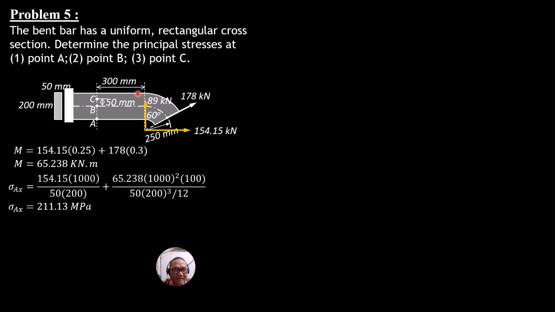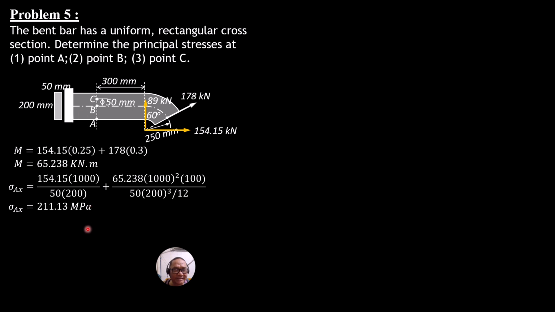Then supposedly this 89 kilonewton component will have a shear effect on that section, but because A is at the bottom, there's no area below that level, so the shear effect of 89 kilonewtons is 0. Remember, shear stress is maximum only at the neutral axis. Therefore tau Axy is 0, and sigma Ay is also 0, since no force will stretch or compress the section.